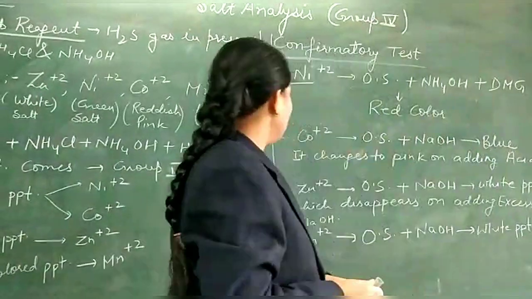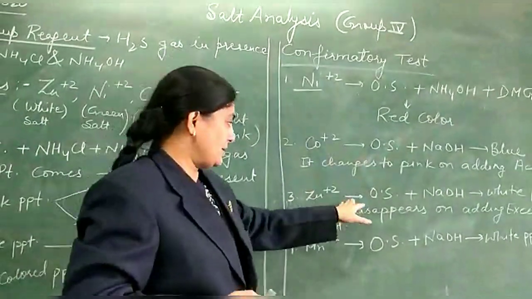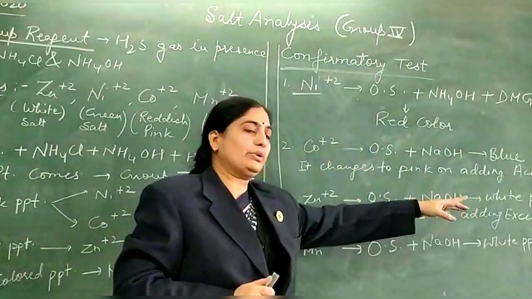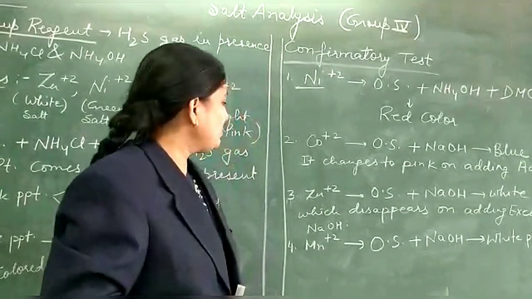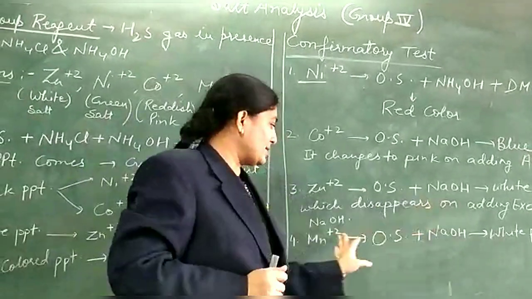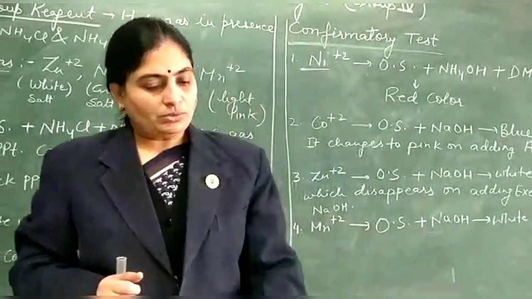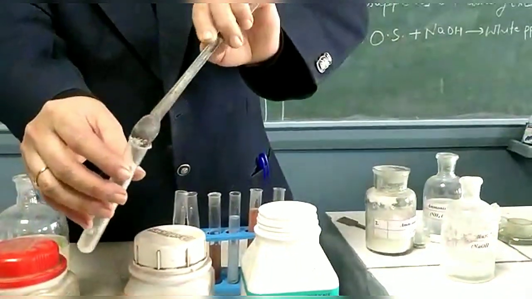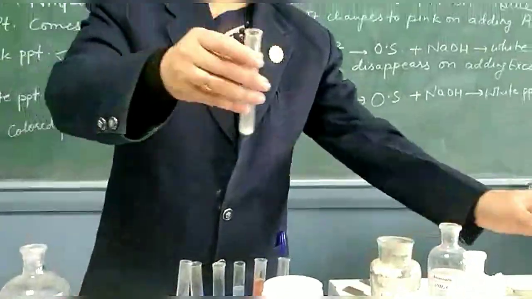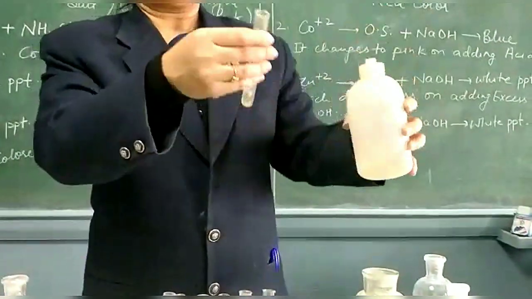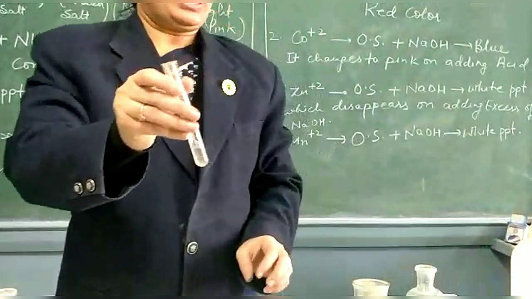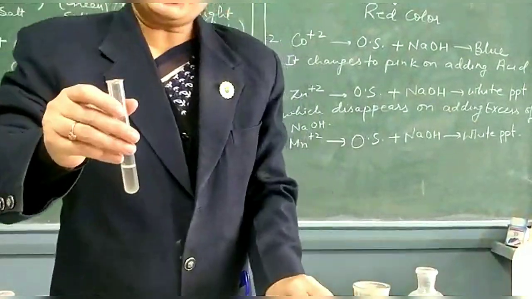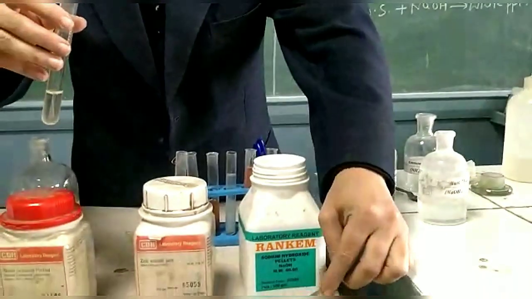And last we have zinc ion. Original solution, we add NaOH, which gives white PPT, and it disappears on adding excess of NaOH. As we know, zinc ion is white in color, and it gives precipitate in fourth group. So we already know this is zinc salt. So we make a white PPT by adding a pellet of NaOH to it.